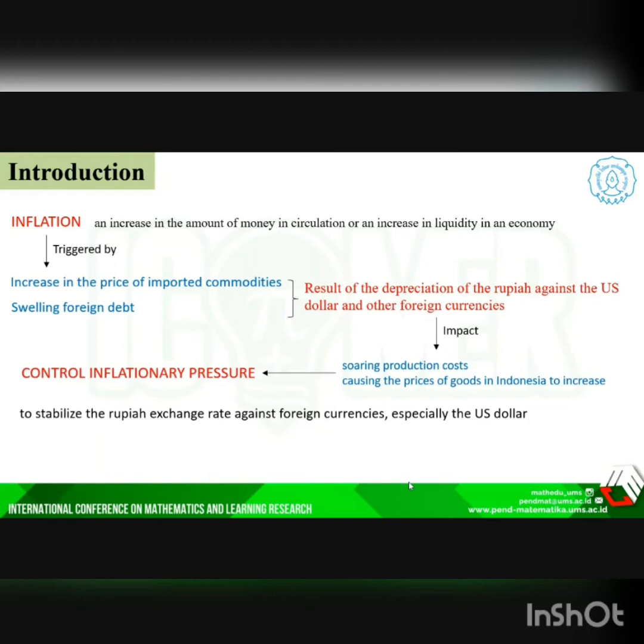Furthermore, the factors that are proven to have an effect on inflation in the short term and long term can be the government attention to control inflation. The model used is an error correction model. This study aims to apply an error correction model to inflation data in Indonesia.